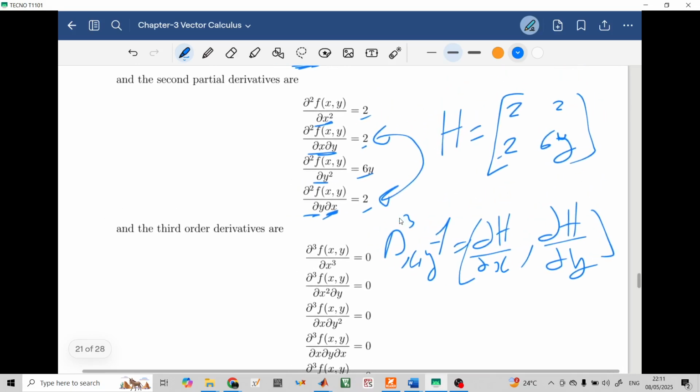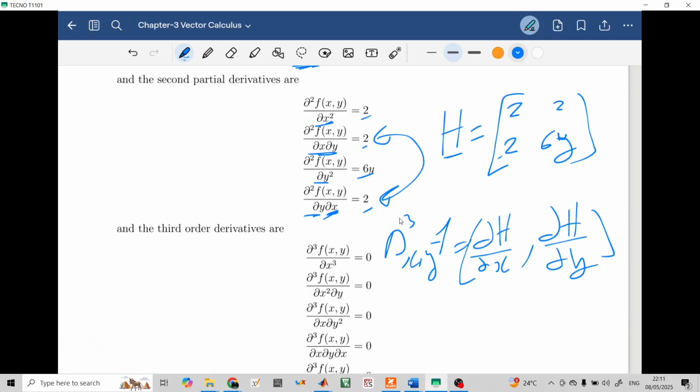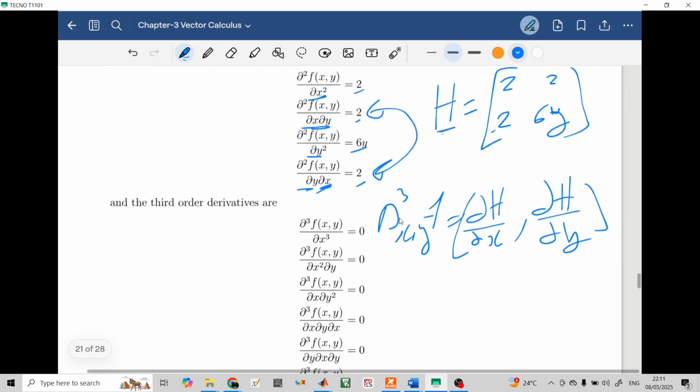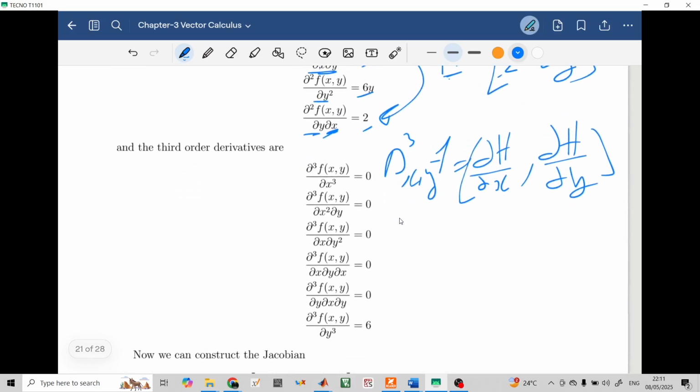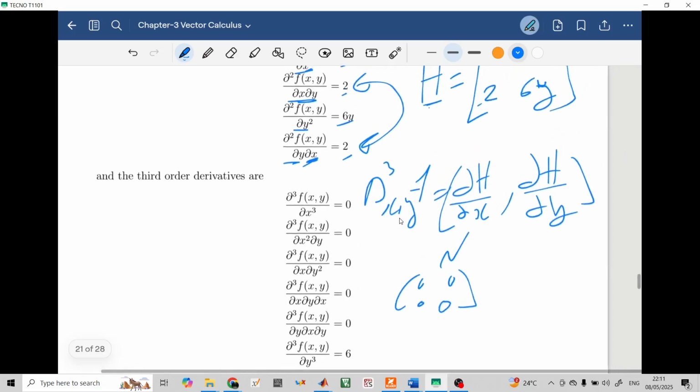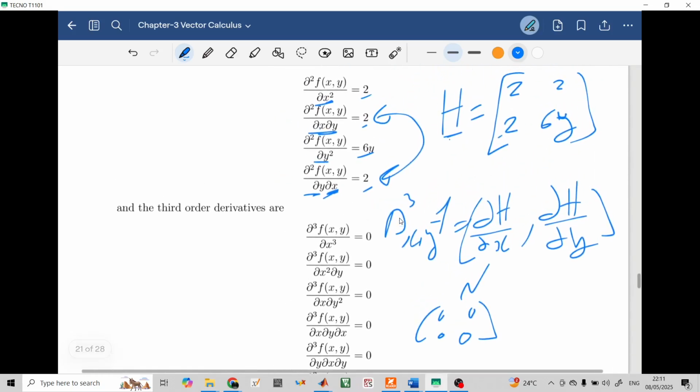Okay, this is the Hessian, and I want to take the derivative of this Hessian with respect to x. See, we don't have any x's here, so the derivative is 0. So this is an all 0 matrix, right? So it's 0, 0, 0, 0. As for this, you take the derivative of this with respect to y. So you get this one.